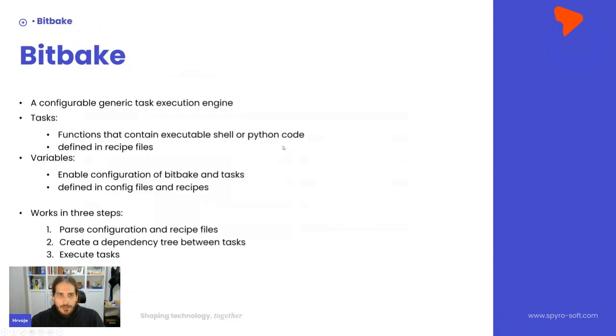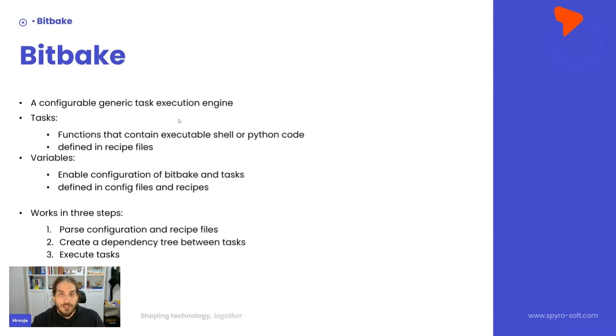So let's now jump directly to the BitBake. What is BitBake? BitBake is actually a configurable generic task execution engine. What this means is it's not specifically made for building Linux images. It can be made to build any kind of application.